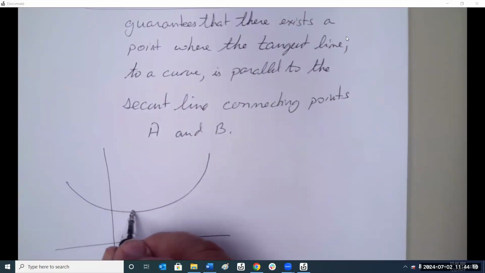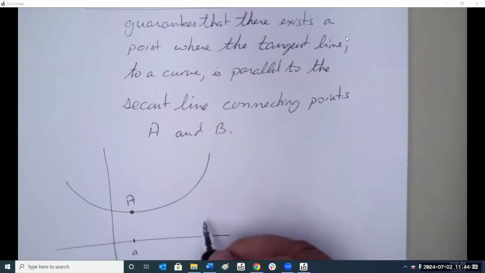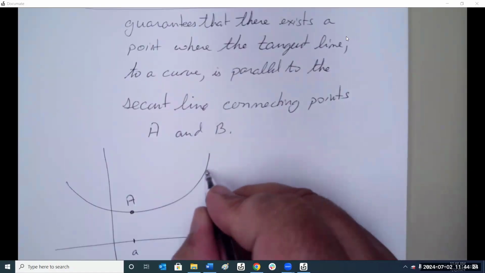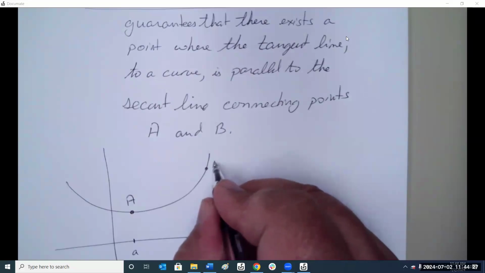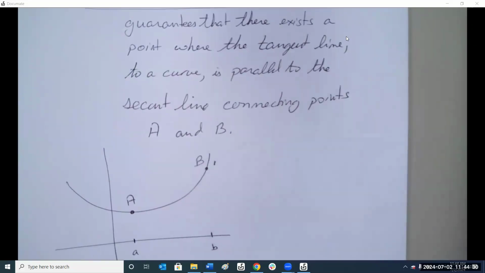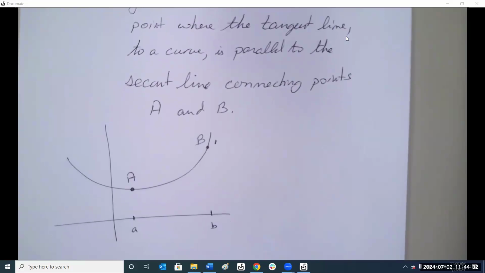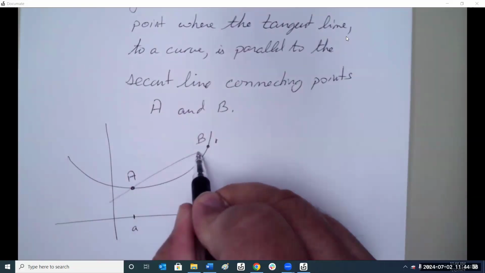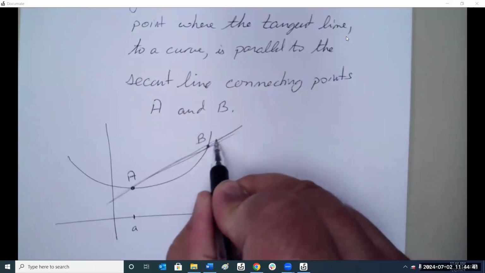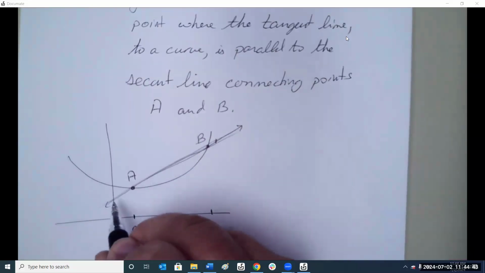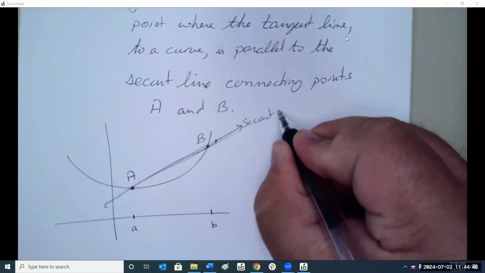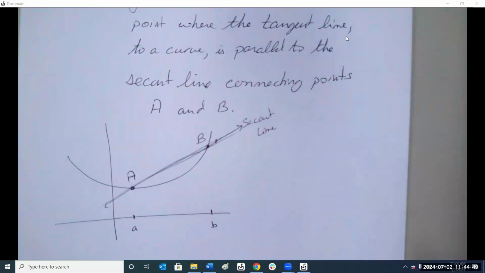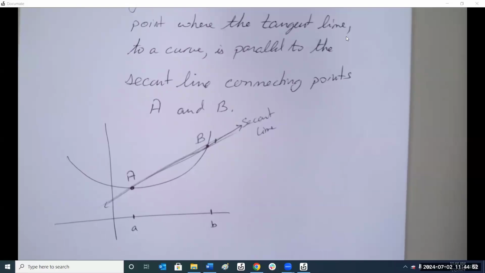Here we have A, so there's point A. Here we have B, so there's point B. The secant line connects points A and B. We talked about this earlier when we talked about the limit function.